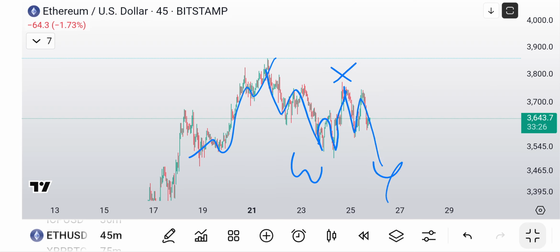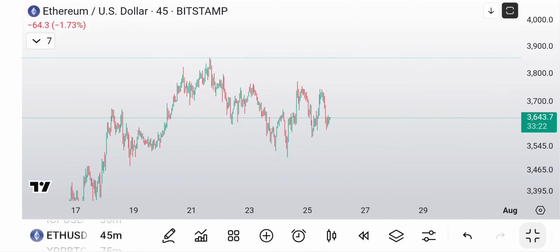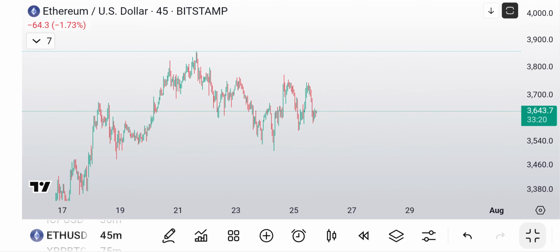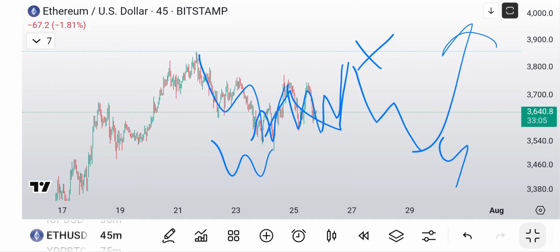Nah, I don't know if that would work. It would make more sense if it was 3 up, 3 down, and then 3 back up. So 3, W, 1, 2, 3, X, 1, 2, 3, Y, go. That looks probably the best.